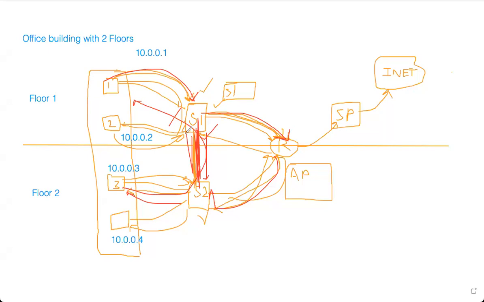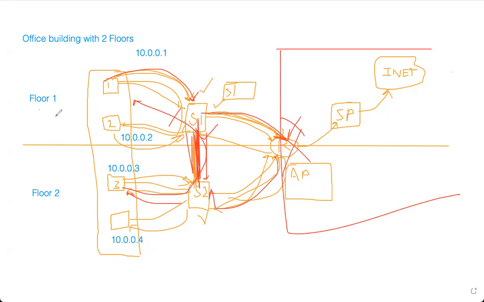But what will happen if your router goes down? Your connection to the entire internet is gone, right? Because you are single threaded. The floor 1 and floor 2, all of the access will be gone. So that is not a good idea. We don't want that to be happening. And what happens if switch 1 goes down?